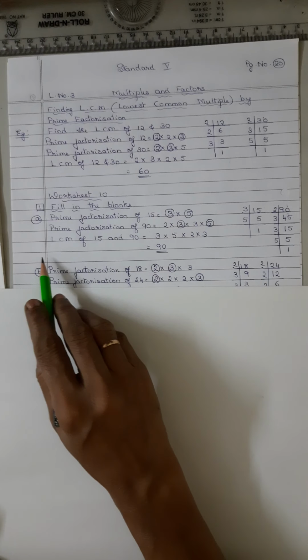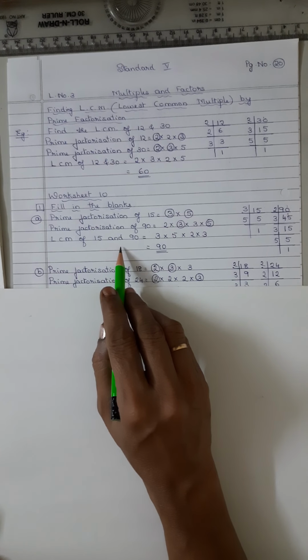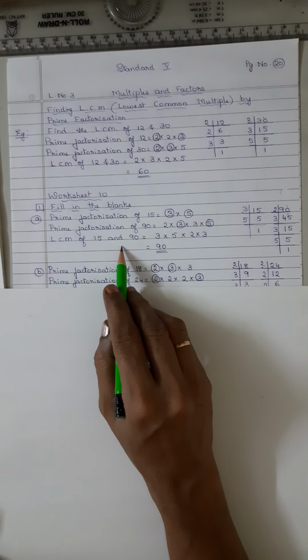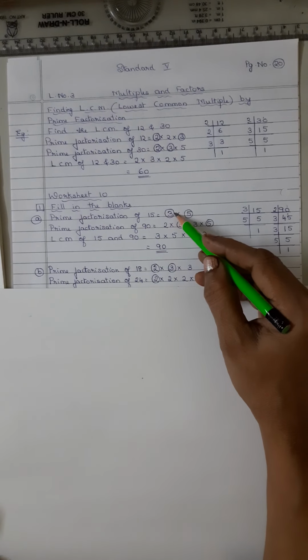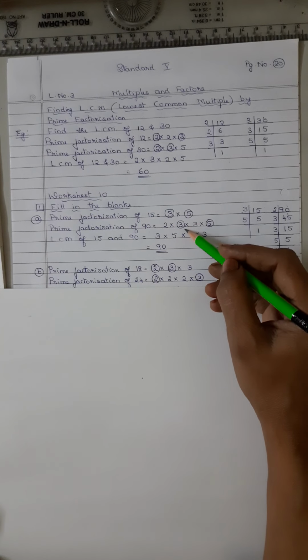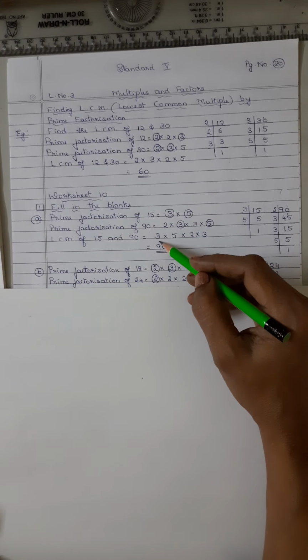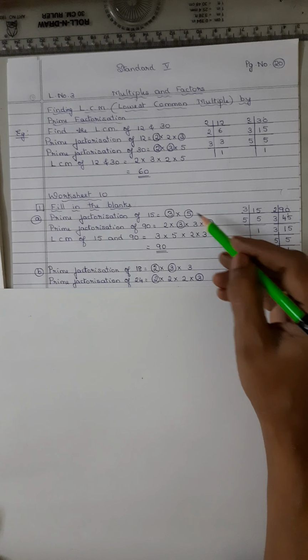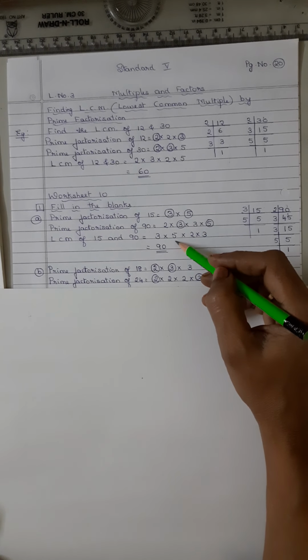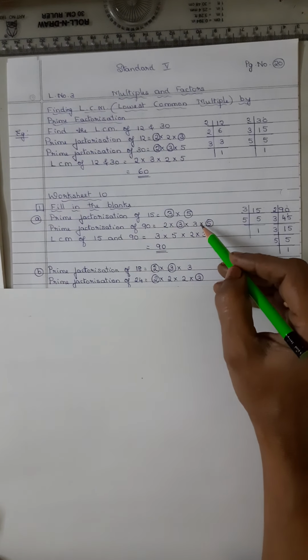Okay. Now LCM of 15 and 90. What we have to do? See the common ones. So 3. Here 3 is there, here it is there. Write 1 time. 5, 1 time. Write it down. And then 2 and 3.